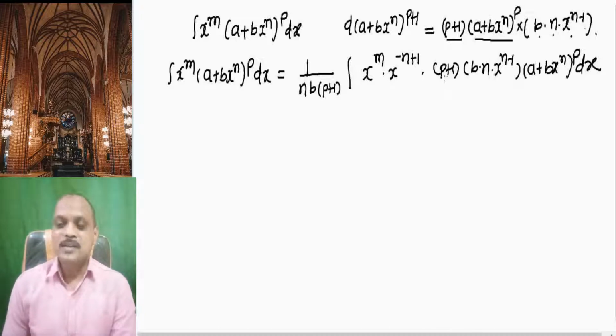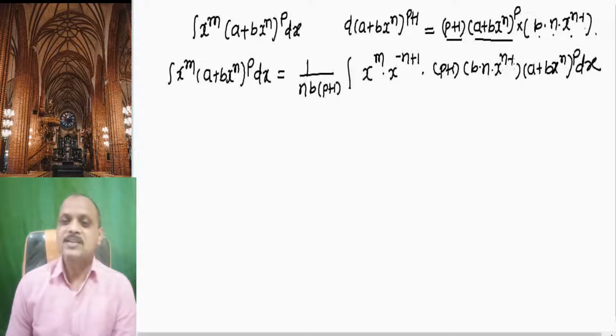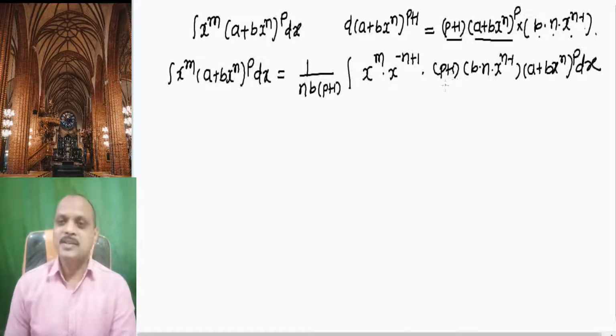Look at this. P plus 1 will be cancelled, n into b will be cancelled, and x raised to n minus 1 and x raised to minus n plus 1 will give us x raised to 0, and x raised to 0 is nothing but 1. So we have multiplied and divided, and we have taken these two powers as x raised to n minus 1 and x raised to minus n plus 1.